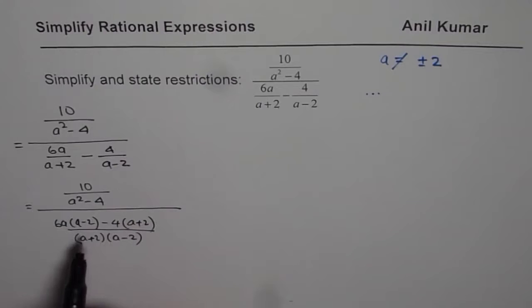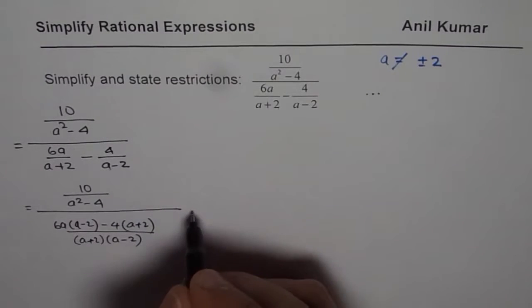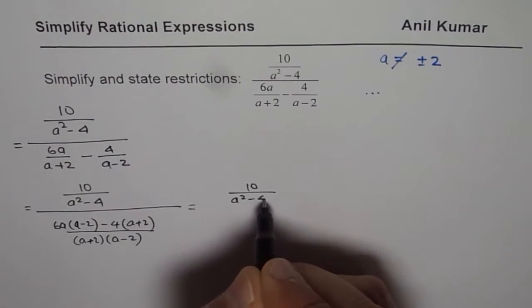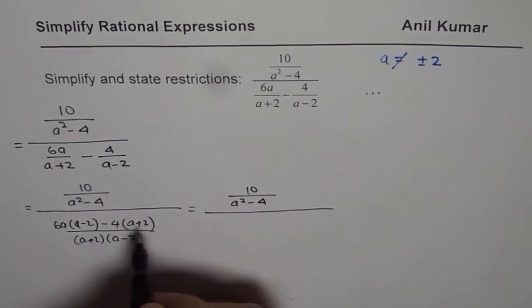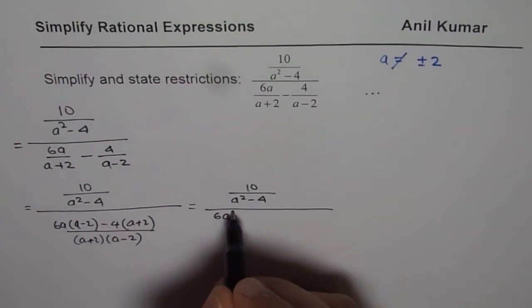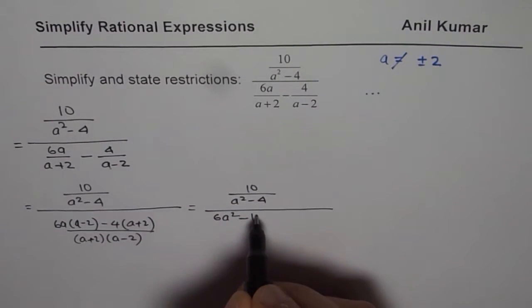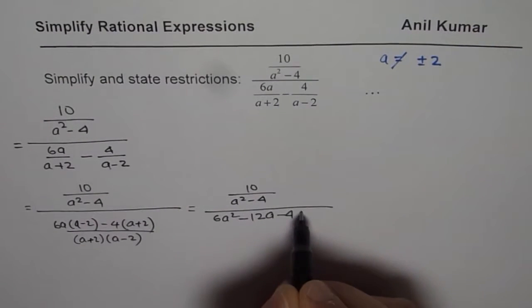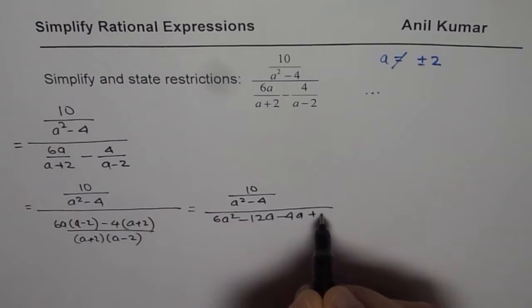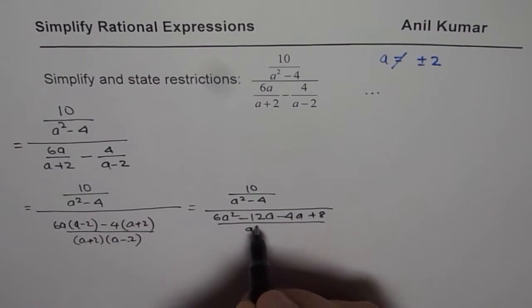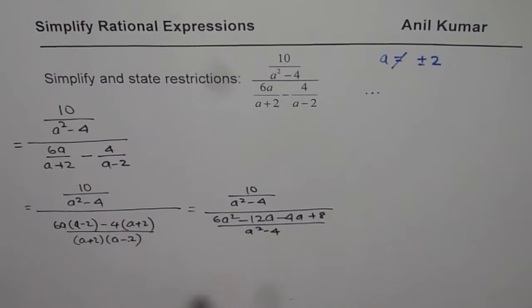Now, we can simplify this part. So we have 10 over a square minus 4. To simplify this part, let's expand: 6a square minus 12a, minus 4a and minus 8, divided by, when you multiply these two, a square minus 4, correct?